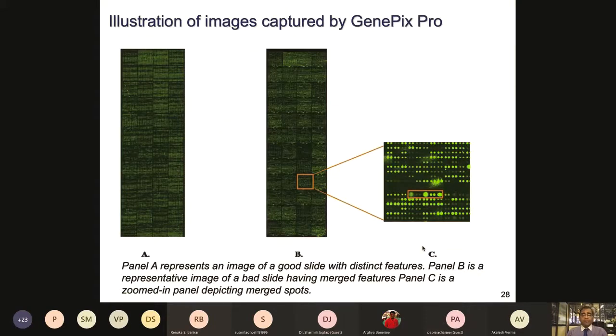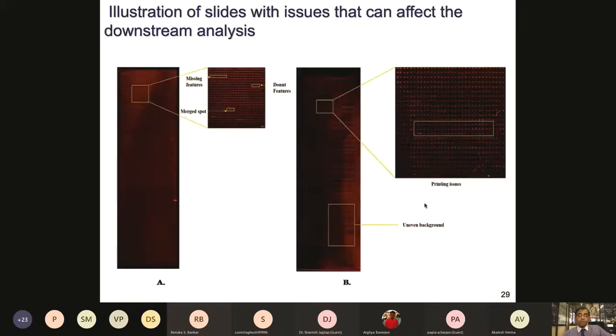These are some of the images which we are showing. Some of them are not good here. We want to illustrate that when you are scanning the slide, you should be paying attention to how good the slide is looking. This is one of the very high density human proteome arrays we are talking about. And this slide definitely shows, if you look at protein expression, they're not very uniform. So this may not be the best slide to take forward.